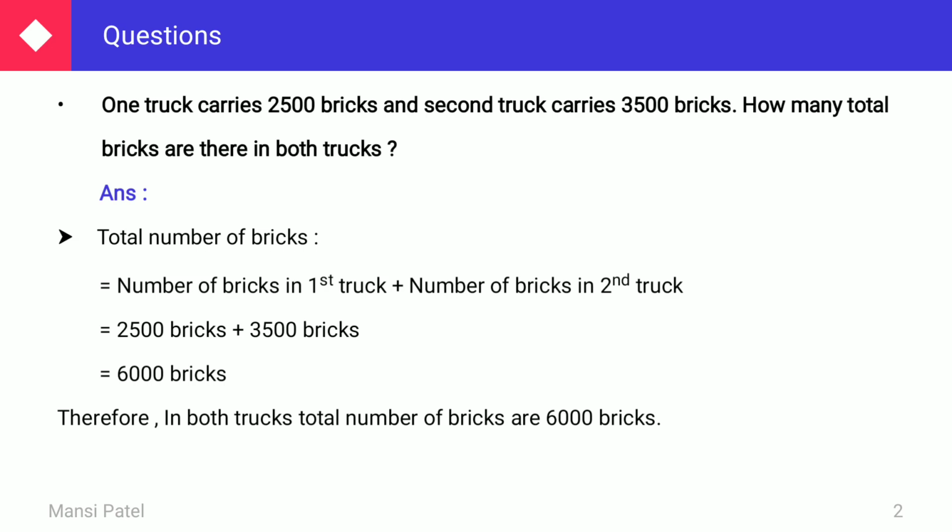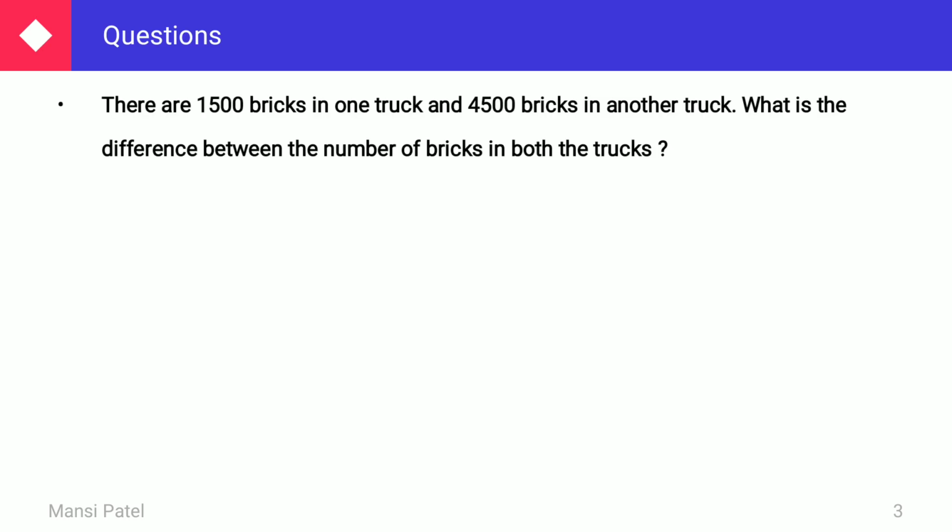Now let us see one another question. There are 1500 bricks in one truck and 4500 bricks in another truck. Here again they were given two trucks and the number of bricks in both. In the first truck 1500 bricks are there, whereas in the second truck there are 4500 bricks.